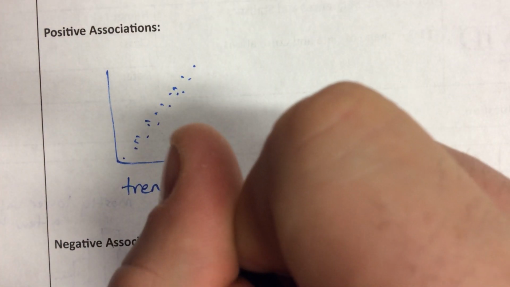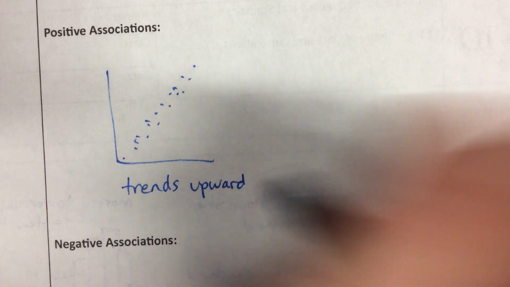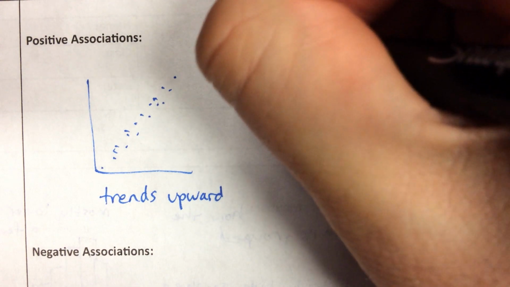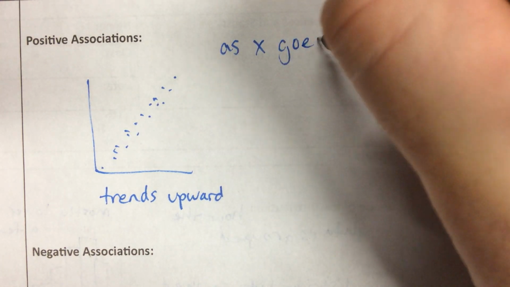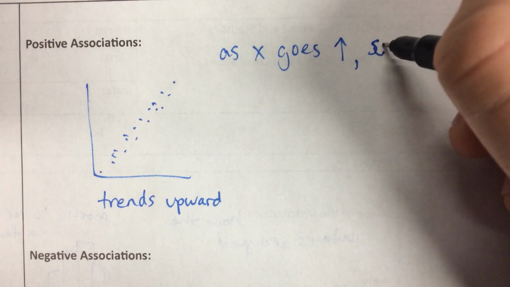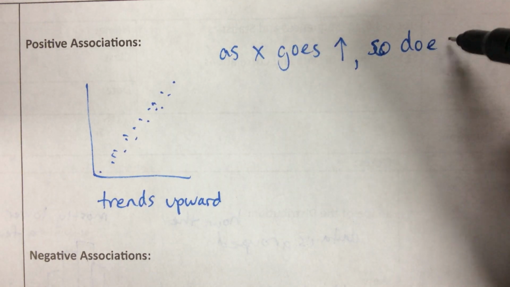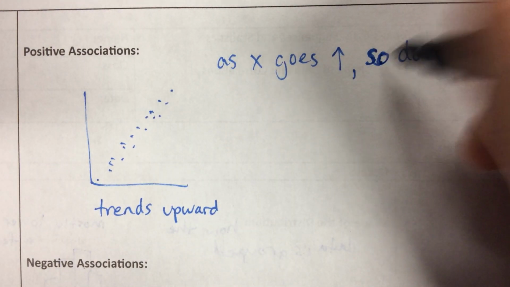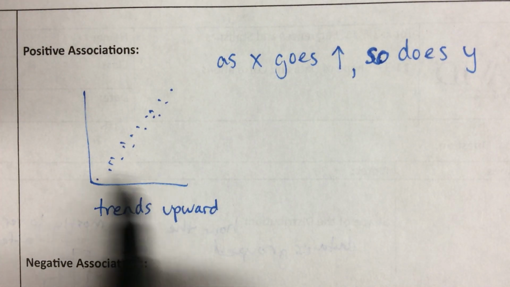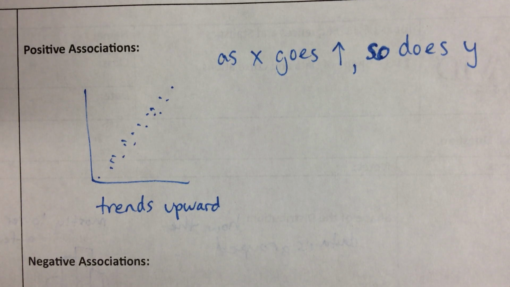So it trends upward. What a positive association means is as X goes up, so does Y.